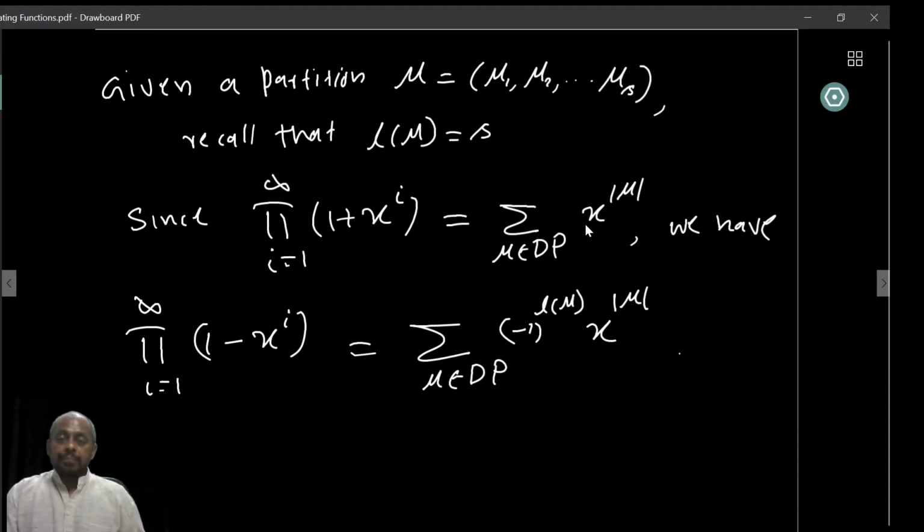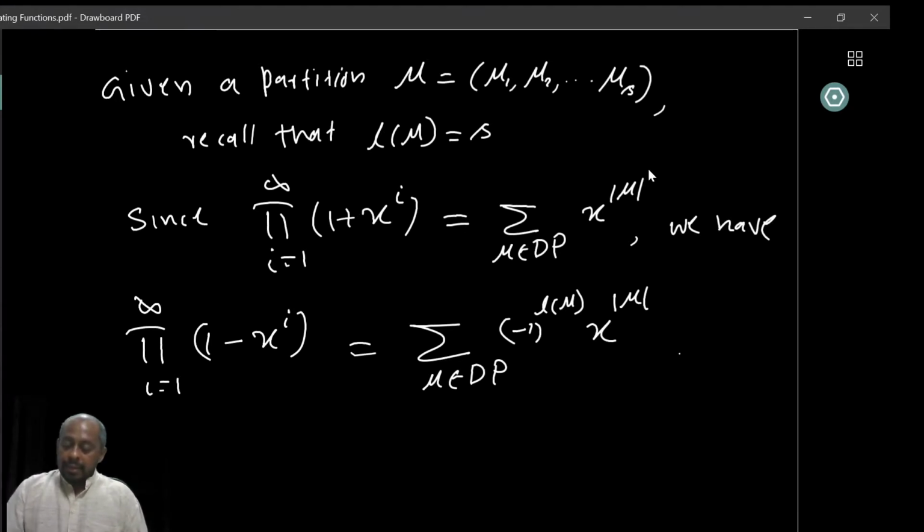mu in dp. Now when x is minus x, what happens here? In mu in dp, the powers of these terms get added up. So I will get minus x raised to mu 1, minus x raised to mu 2, etc., minus x raised to mu s. They must add up to n.